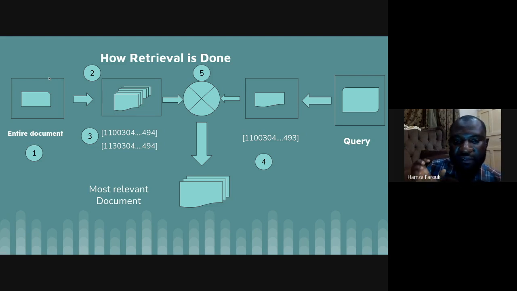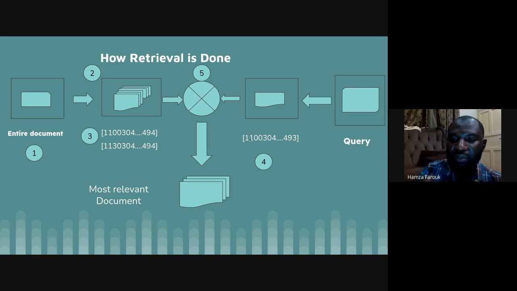After I've split it into several chunks, I have to convert those chunks into embeddings. By embeddings, I mean vector representations that have some semantic meaning, because the LLM in the back end does not exactly understand English or whatever language is being used. It has to convert it into numbers to be able to work with it. So whatever question I have to ask the LLM, I also have to convert into numbers.